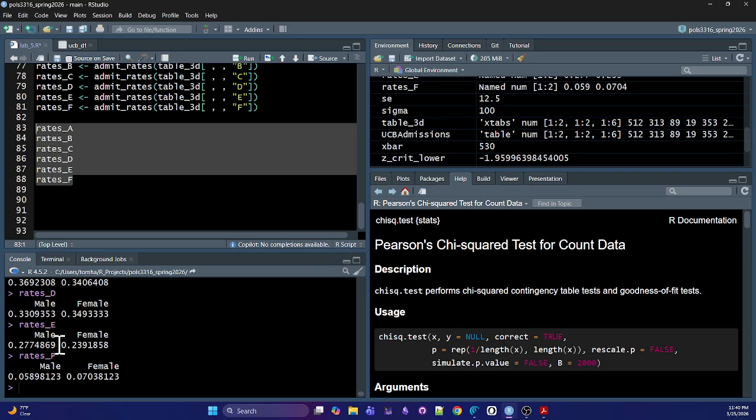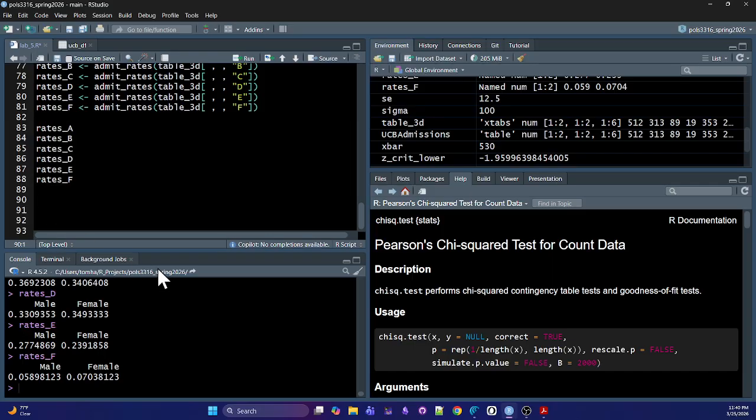Here's one where males have the edge, and it might even be significant. Here's one where females have the edge, but the admission rates are low for everybody: 0.058 for males, 0.070 for females. And what do you want to guess? That's probably where the females are all applying.